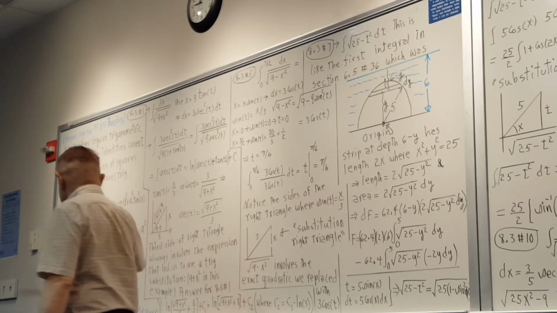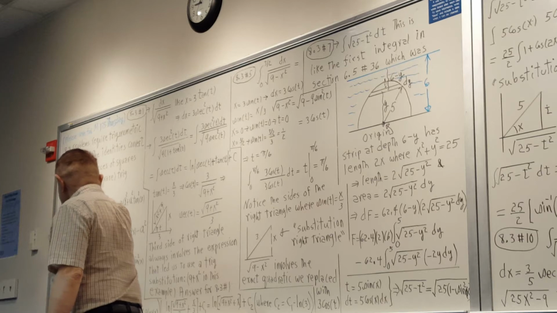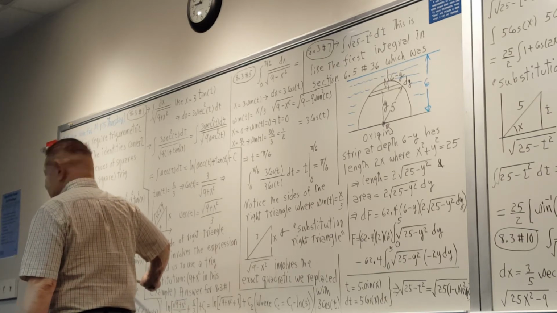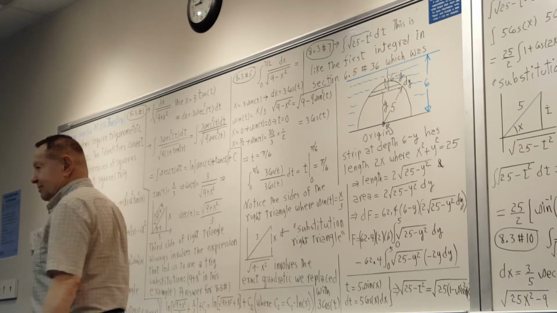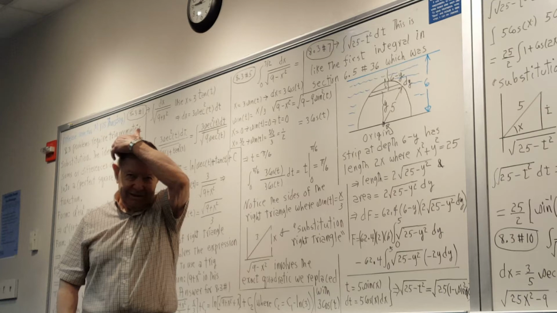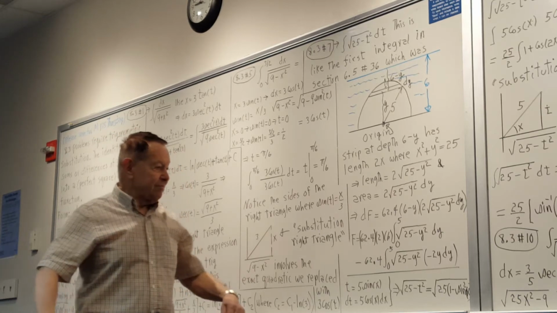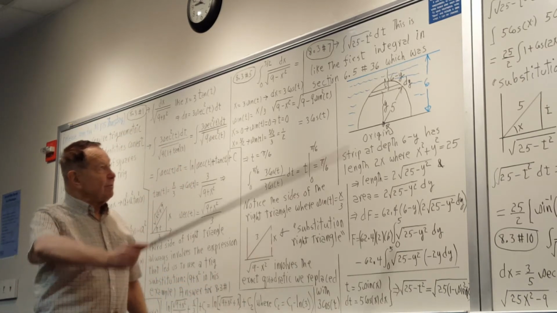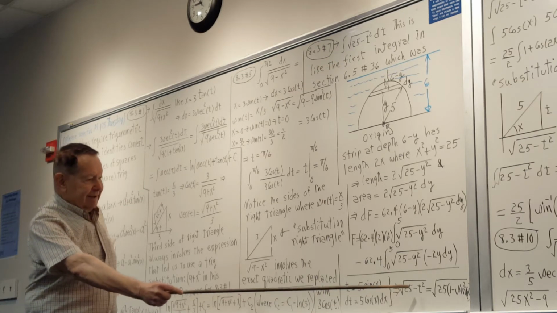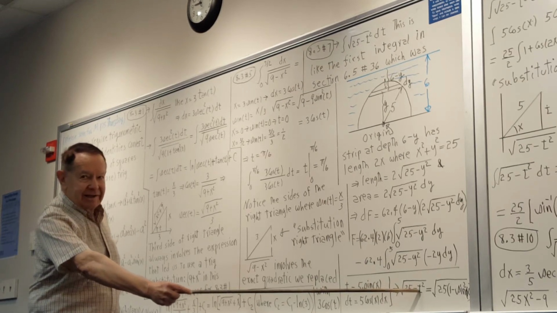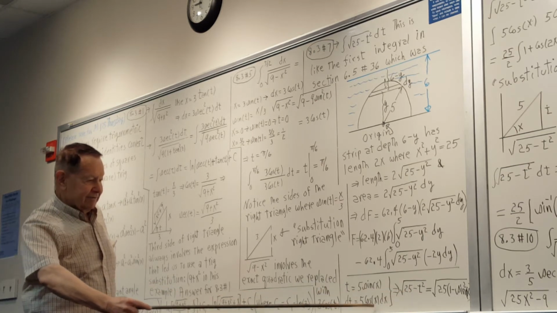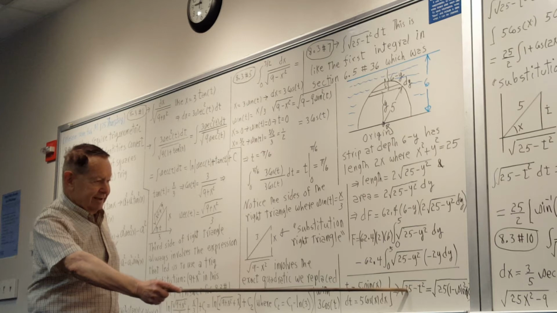We do, if it's a square minus u square, substitute in a sine, and so that's where that arc sine might be coming from. Okay, so back to here now. We let t be 5 sine x, square root of 25. dt is 5 cosine x dx.